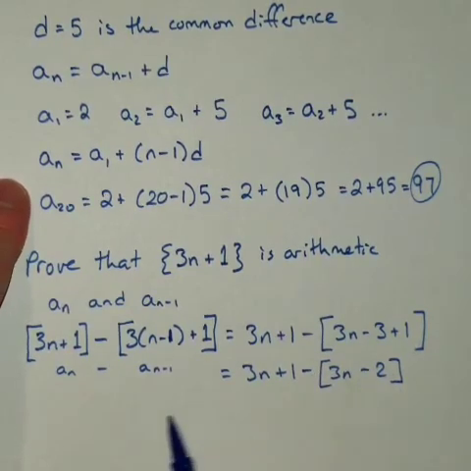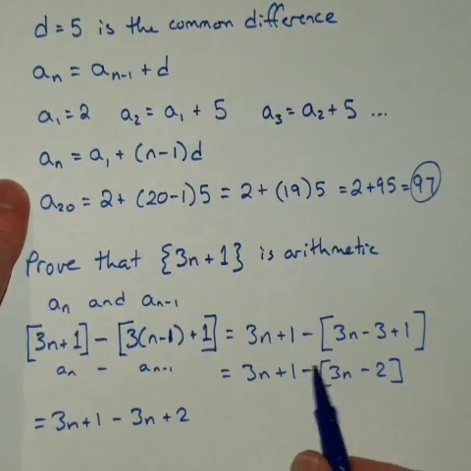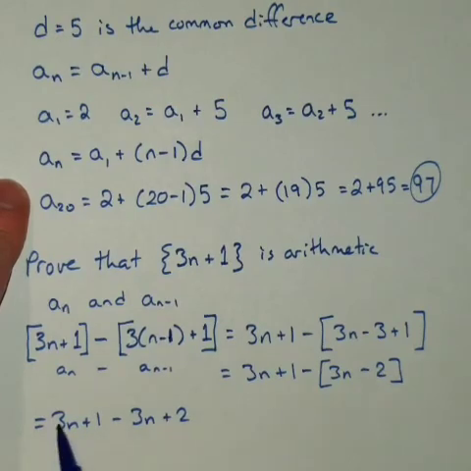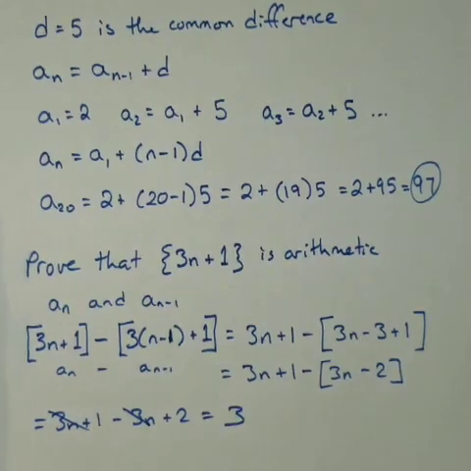Distribute this minus sign. I get 3n plus 1 minus 3n plus 2, right? The minus distributes to both terms. 3n minus 3n drops out, and I get 1 plus 2, which is 3.